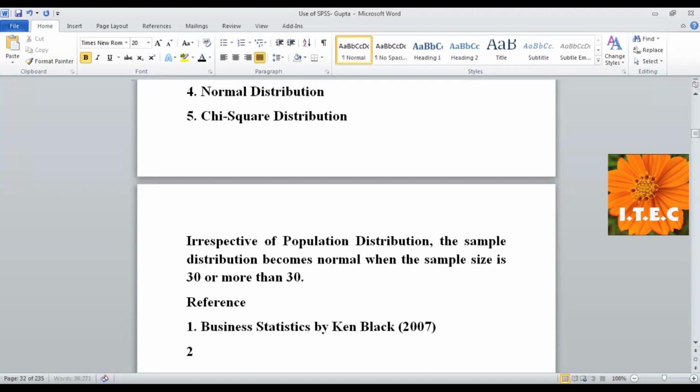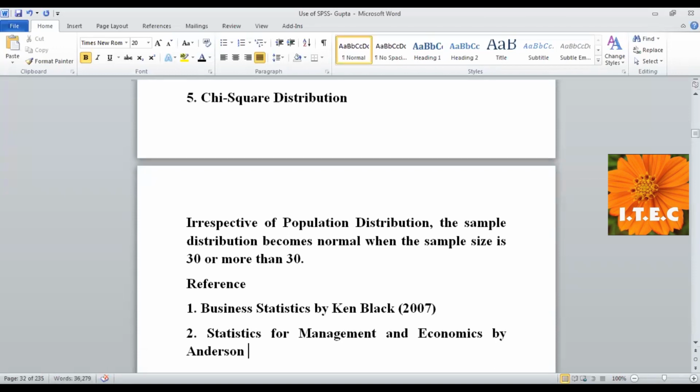Another is Statistics for Management and Economics by Anderson et al.